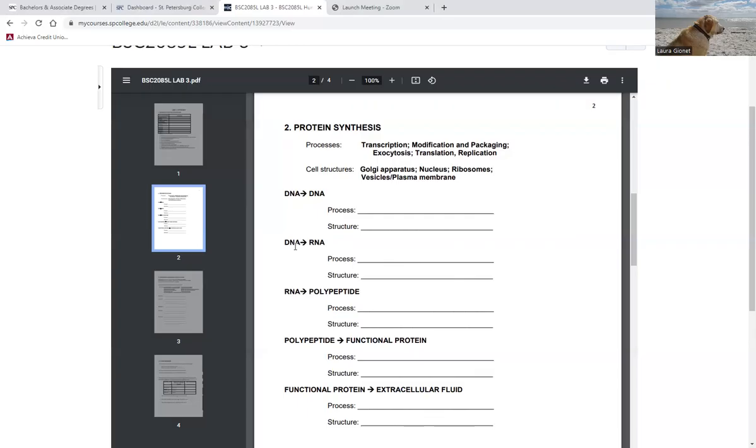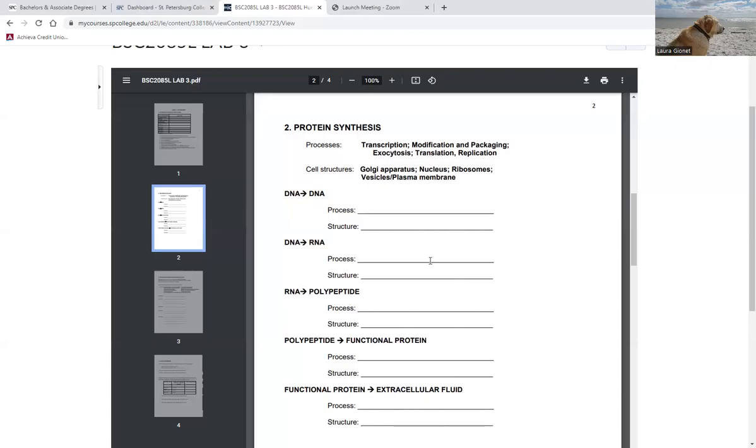So when we start with DNA and we end with RNA, that process is called transcription, and that occurs in the nucleus as well. Transcribing means to write it down. So we always thought of it as, I'm going to write down the recipe for that protein, the directions from DNA to RNA. We're going to write it down in transcription.